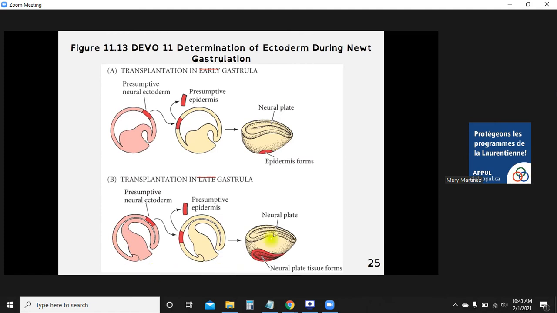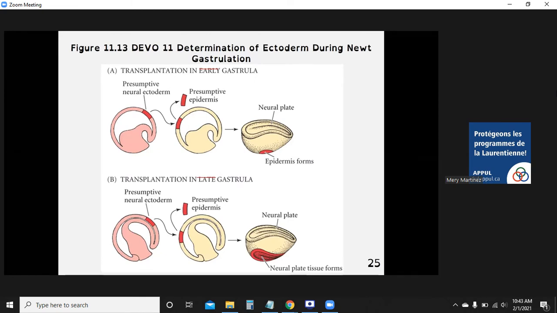Now, here in B, this is a late gastrula. So we do the same thing. We take a little bit of presumptive neuroectoderm from the late gastrula, and we place it in the belly section. And what we have is a second neural plate. So these cells exhibit autonomous development, which means that it is independent of the environment in which they are placed.